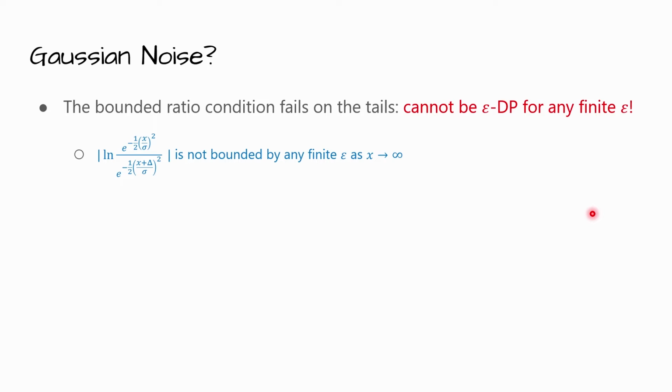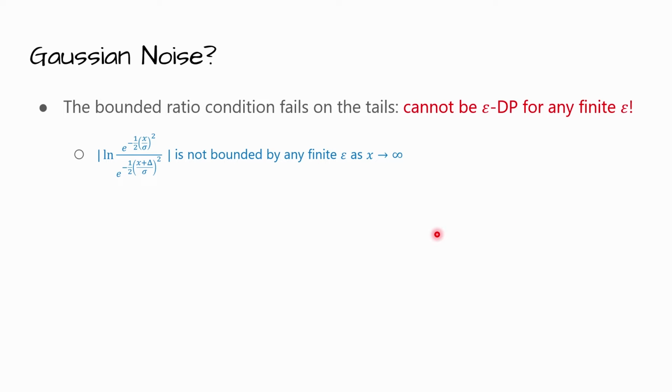Okay, so we've been talking about adding Laplace noise. And a natural question that people often ask is, what about adding Gaussian noise? Gaussian noise is so nice, it's so symmetric, it's beautiful, we understand it really well. What about Gaussian noise? Gaussian noise basically fails in the tails. That is to say, differential privacy requires this bounded ratio condition.